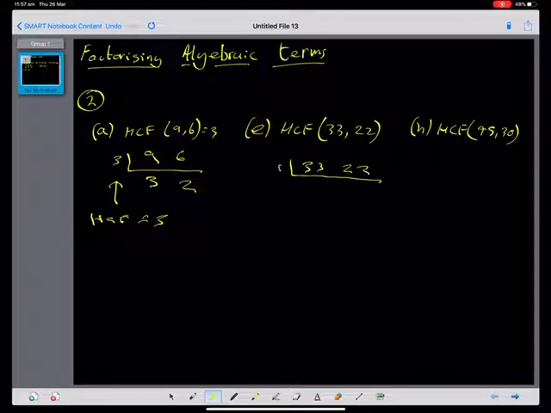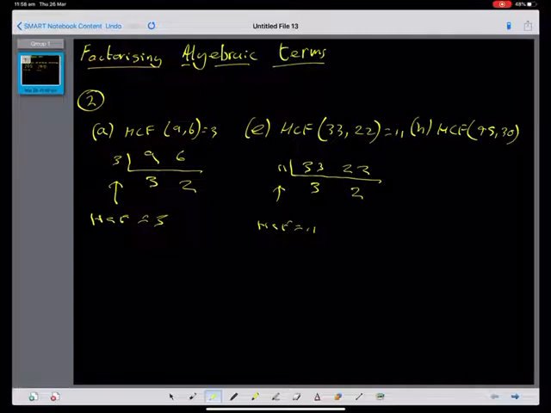So the highest common factor of these two numbers is just 1. Actually, 11 works. Three times 11 is 33. 2 times 11 is 22. So we have highest common factor is equal to 11.